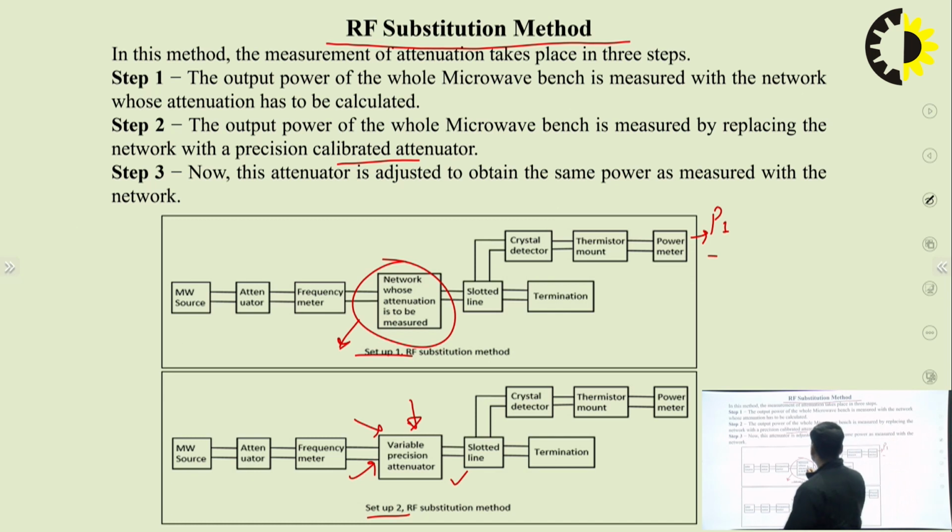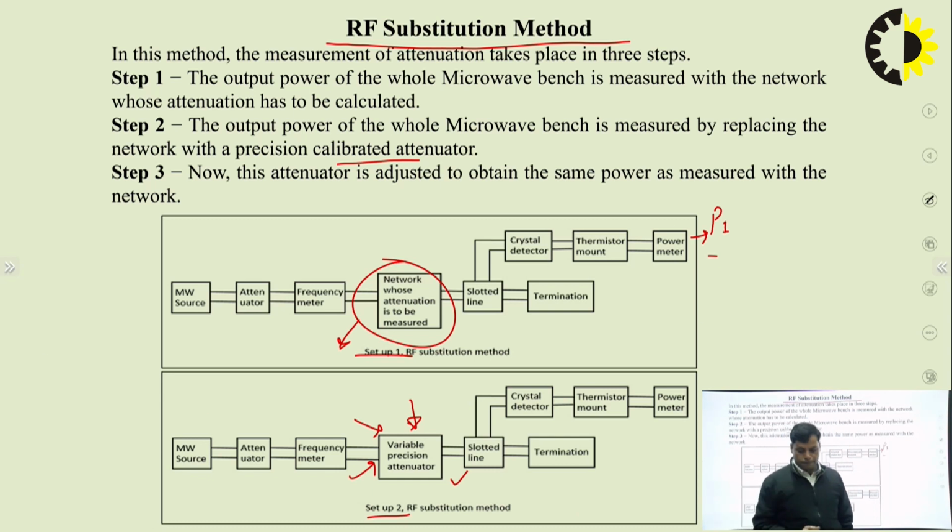So with the variable precision attenuator, we adjust the power so that we get the same value P1. After getting this same value, we can see how much correction we made in the variable attenuator, and it gives the exact value of the attenuation. In this way we calculate the value of the attenuation.